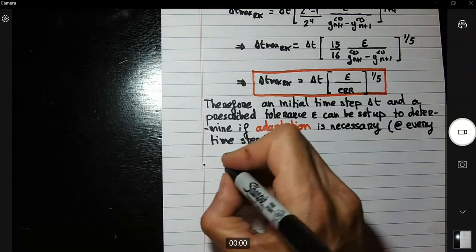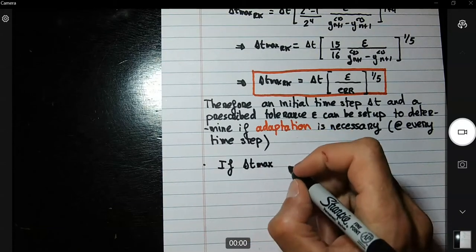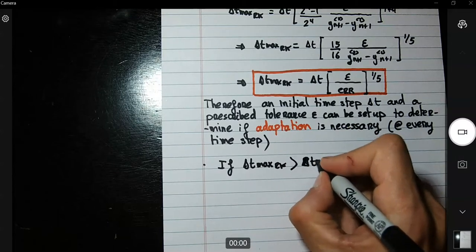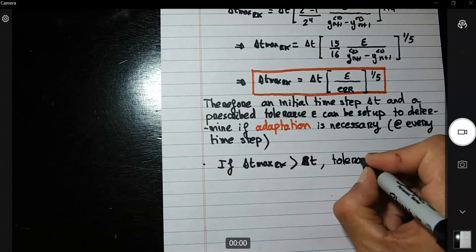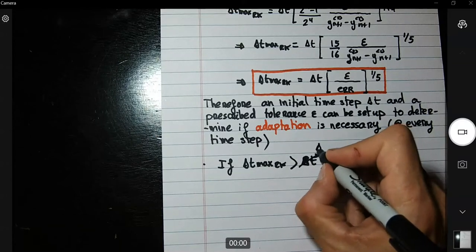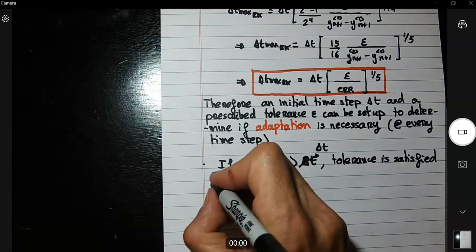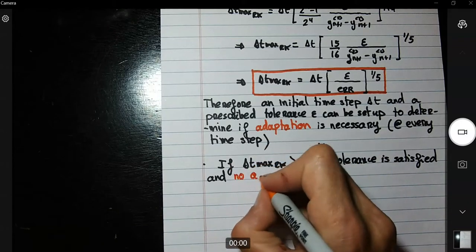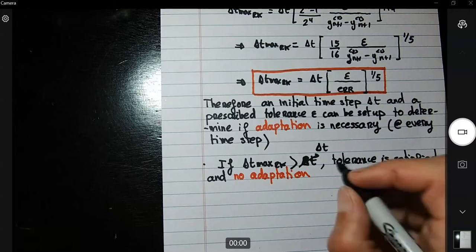So now, if delta t max for Runge-Kutta, the one we use over here, is higher than delta t, so the tolerance is satisfied, okay, and no adaptation is required.